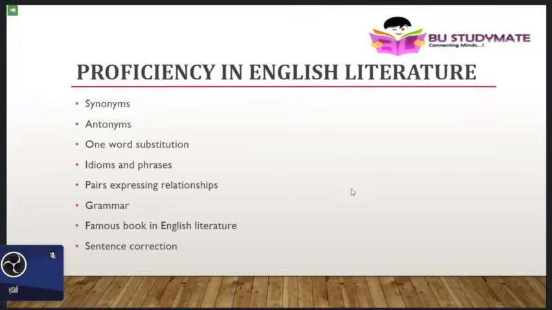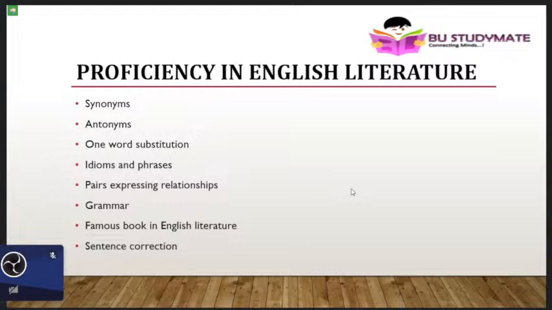We'll let you know about all of these, the proficiency of English literature, and the subheadings under these in brief in the next session. This session is just about informing you how PGCET works and what is required for it. To know in detail, we'll let you know in the upcoming sessions.